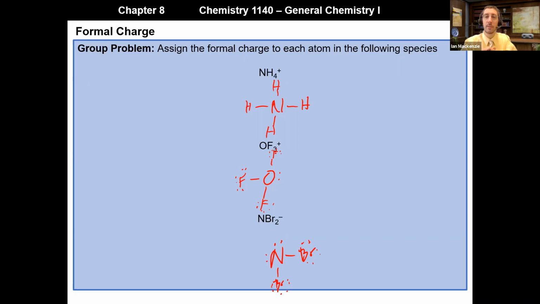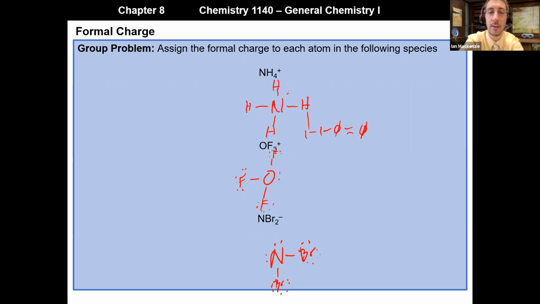So if I go through and assign formal charges, let's just start with hydrogen up here in the first compound. So hydrogen, 1 valence electron, minus 1 bond, minus 0 unshared electrons because there are no lone pairs, equals 0 for its formal charge. So none of the hydrogens have a formal charge.